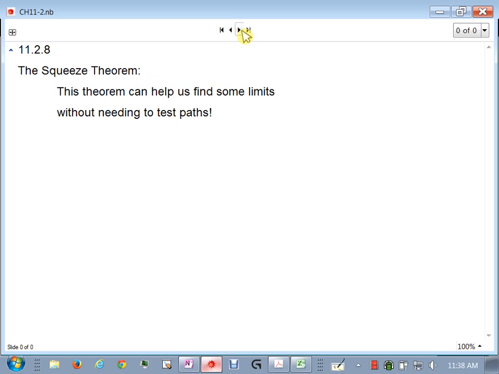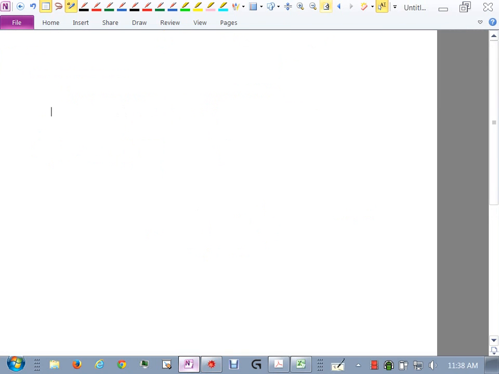All right, now, Squeeze Theorem. You may recall the Squeeze Theorem from Cal 1. Let me just remind you real quick. If we wanted to show the limit as x approaches 0 of sine x over x equals 1, that was one of the first limits that you ever learn in Cal 1.